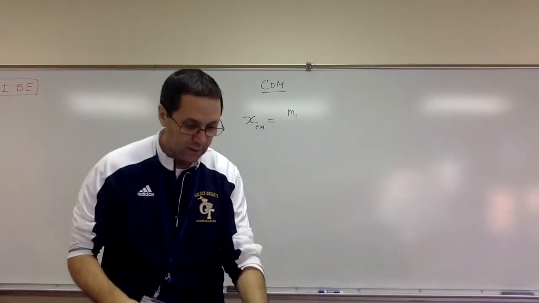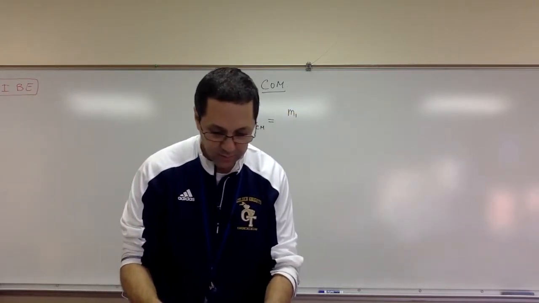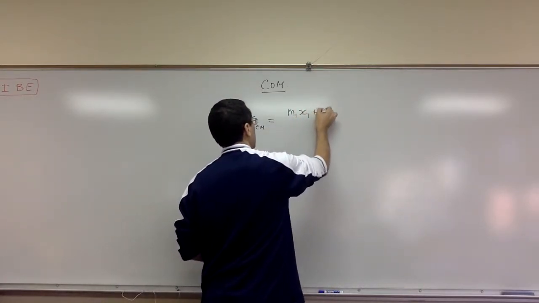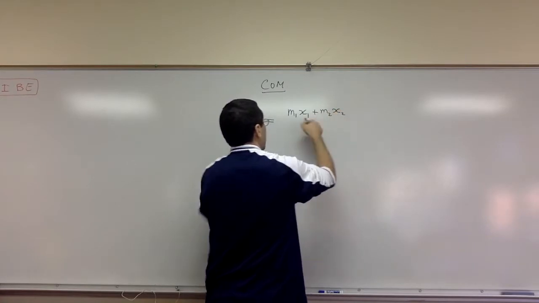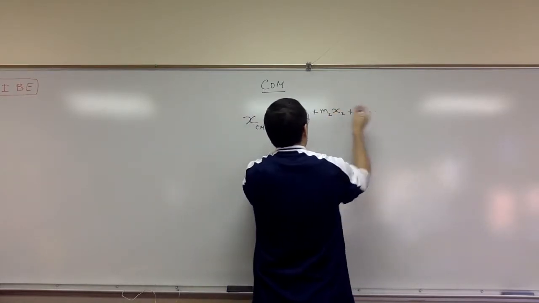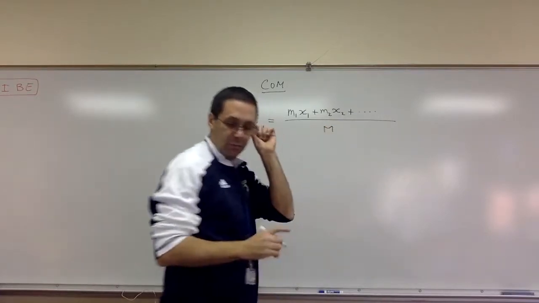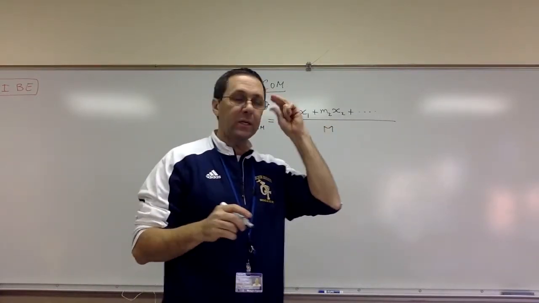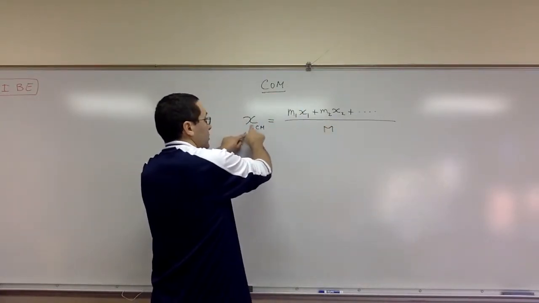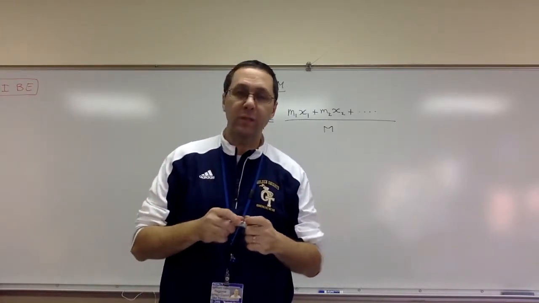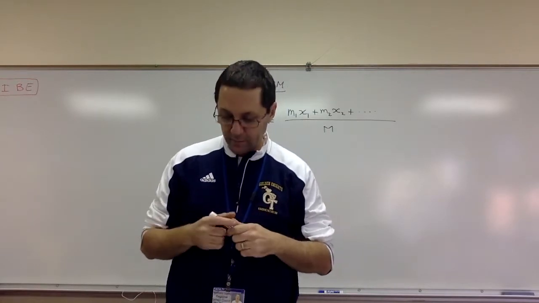Let me write it exactly the way you have it in your packet: M1 X1 plus M2 X2. These are positions, plus and so on, over the total mass, which means M1 plus M2 plus M3, etc. This applies to the Y coordinate as well.